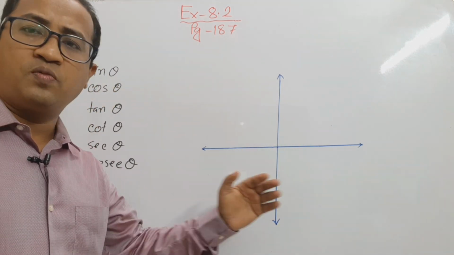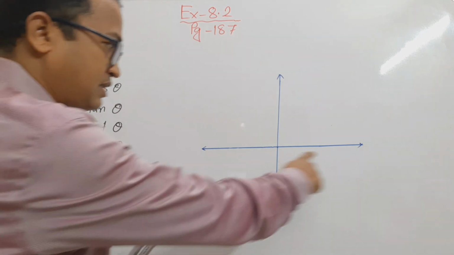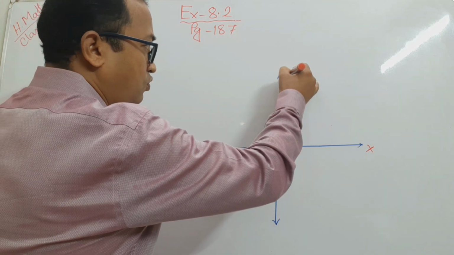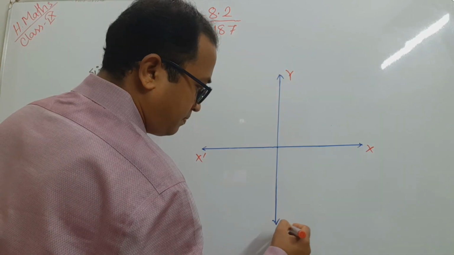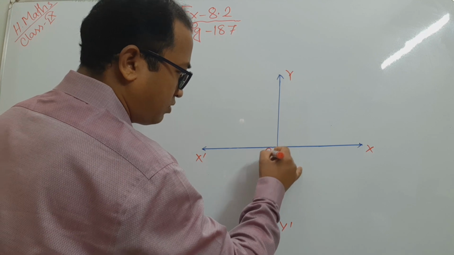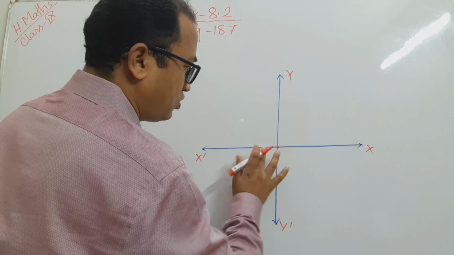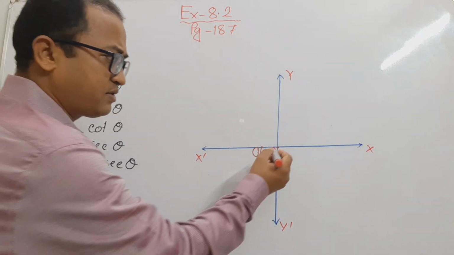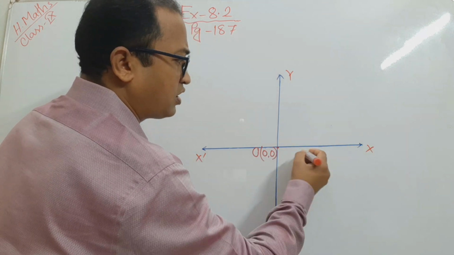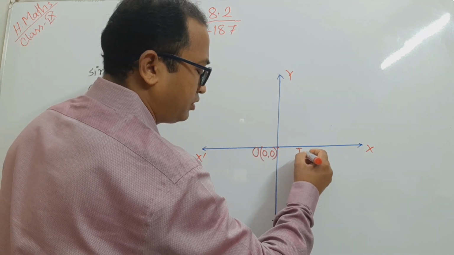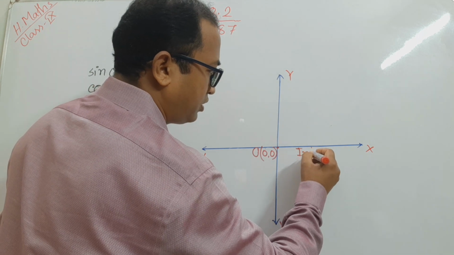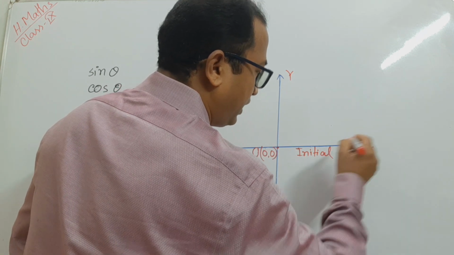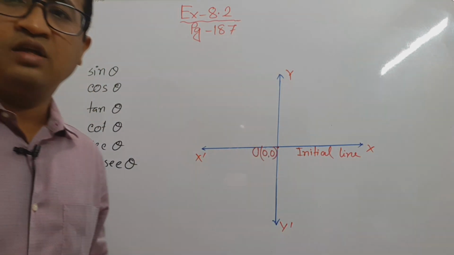Look, I have drawn two lines perpendicular to each other. This is the x-axis and this is the y-axis, and this is the origin, that is O (0,0). The line OX is called the initial line.